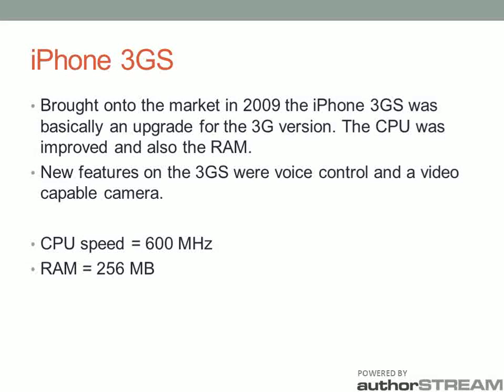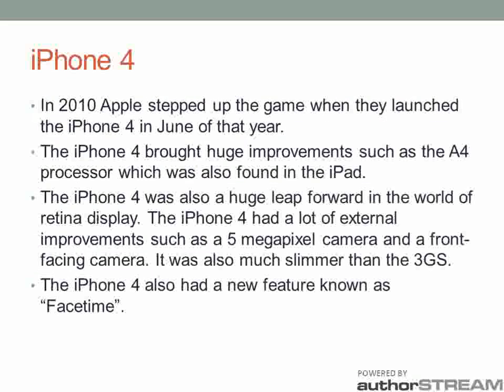So you can tell it what to do, if you want to send a message or make a phone call, etc. The new operating system on this one included the copy and paste feature, which was very handy. A lot of people wanted that feature, so that arrived with the new iOS system for the 3GS. As you can see, the CPU's processing speed went up to 600 megahertz, and the RAM also went up to 256 megabytes.